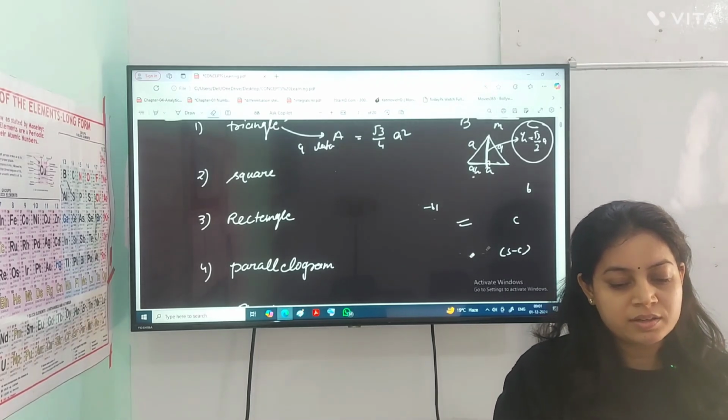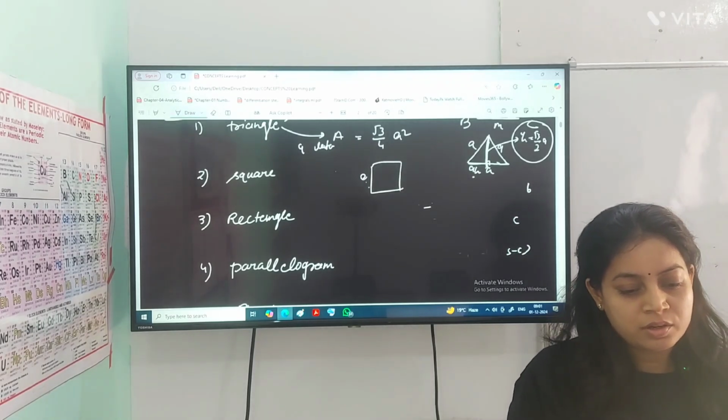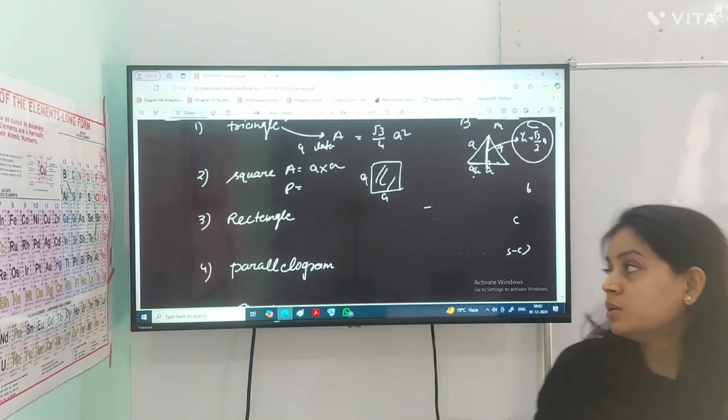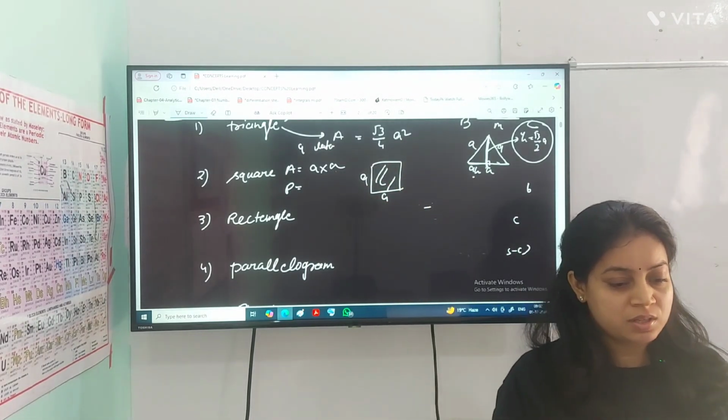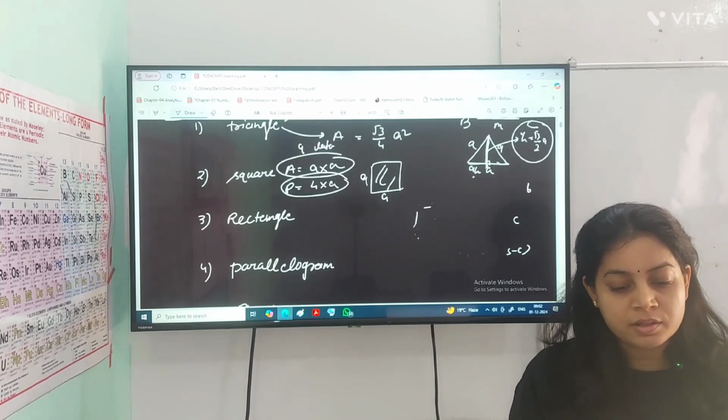And after that, we all know what a square is. A square has all equal sides and it has 4 sides, and the area is side into side. I don't think I need to go into this, because the area of the square is nothing but side into side, and the perimeter of the square is 4 into side, simply because if you add A plus A plus A plus A, it will become 4 times A. So this is simple.